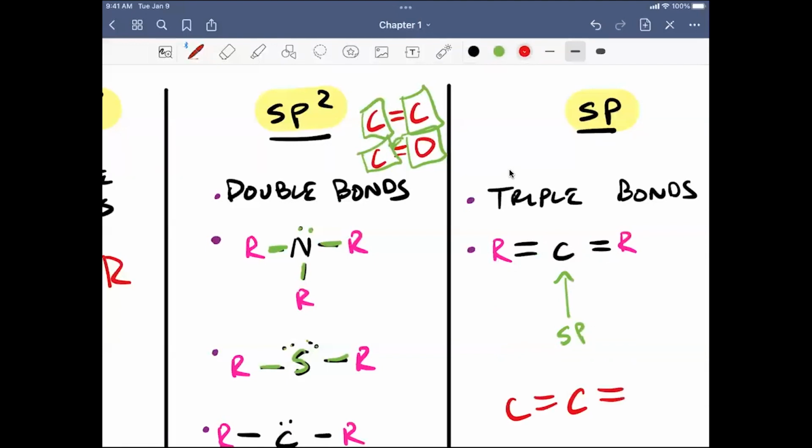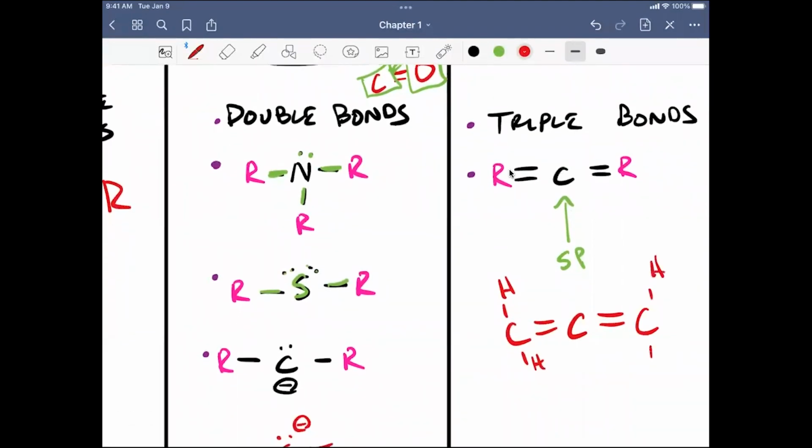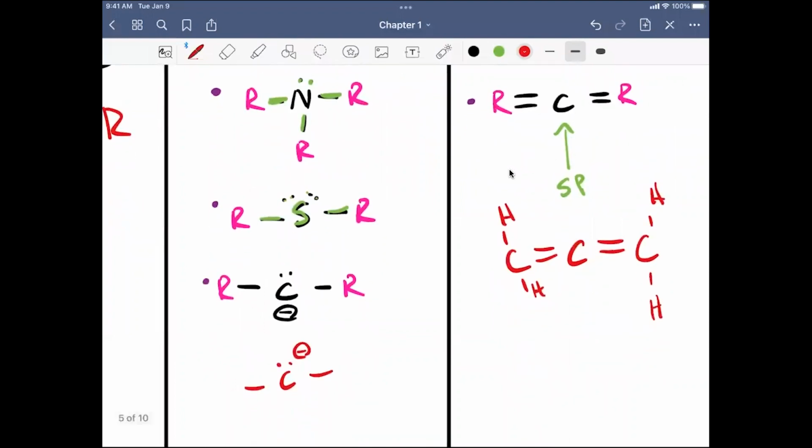Let's say we have something like this. This would be shown as, let's see here. Yeah, let me put that hydrogen a little lower to make it make a little bit more sense.